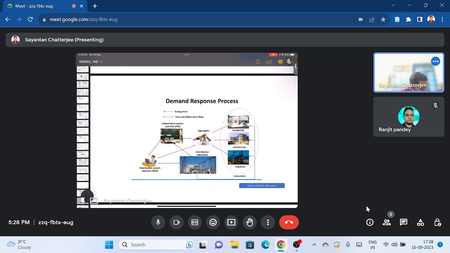So we can observe that the blue line is delivering the energy flow diagram, whereas the red line is information flow. So the ISO, independent system operator, is communicating with the DSOs, distribution system operators, and this is mainly done from the distribution side. So the distribution substation, and the customers, the residential customers, commercial customers, industrial customers, they all are delivering their information to this aggregator.